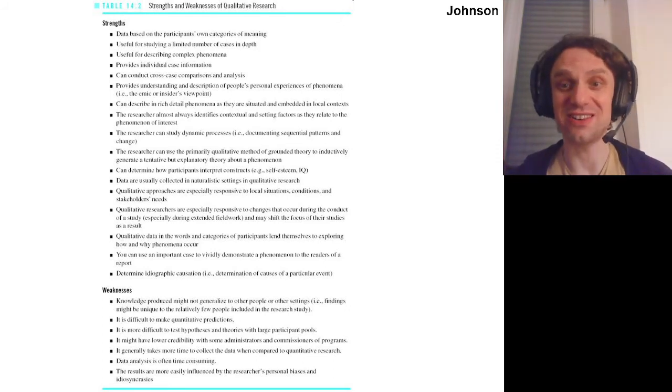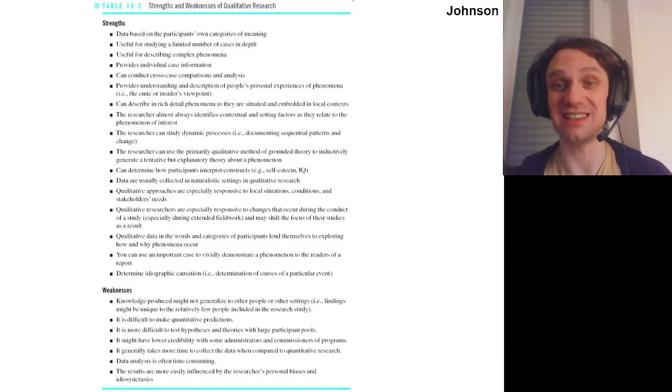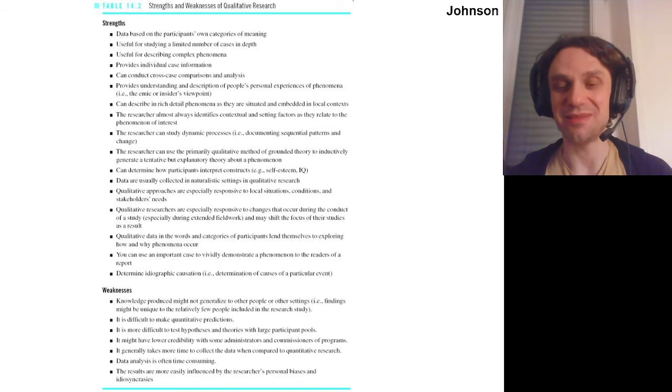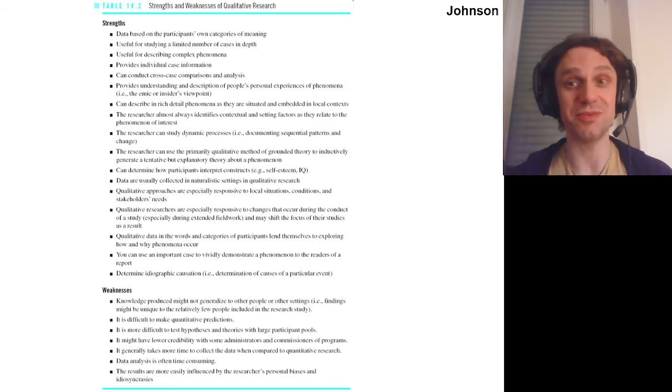And of course, another potential disadvantage is that because most people still tend to hold a positivist image of science, quantitative studies seem to be more convincing to policymakers and stakeholders. Because if you say, okay, here's something that we've proven with statistics, this often has more weight in the ears of those who are listening to you compared to a statement which is based on a qualitative interview study.